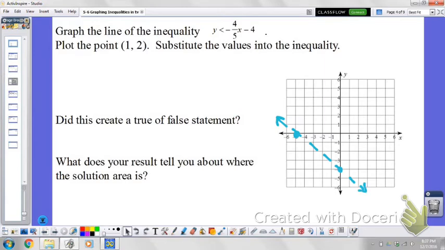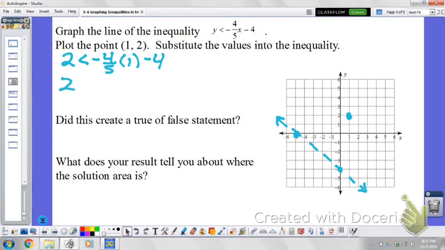So let's go ahead and plot the point (1, 2). So we're going to go over 1 and up 2. So that's the point right here. And let's substitute those values into the inequality. So 1 is x, 2 is y, so that gives me 2 is less than negative 4 over 5 times 1 minus 4.